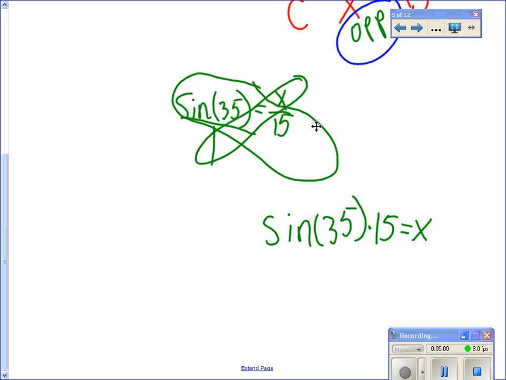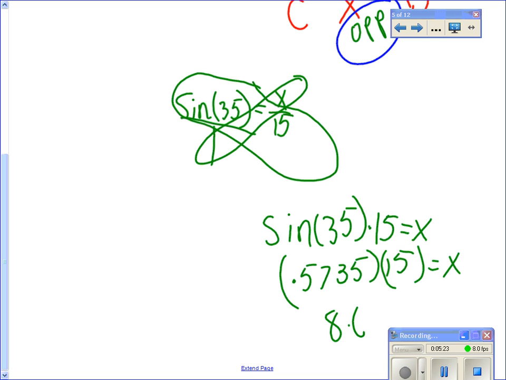I'm going to find the sine of 35, which is 0.5735. That times 15 is going to give me X. So when I multiply that by 15, I get 8.6. And I think they said to the nearest tenth. Let's just scroll up, double check.